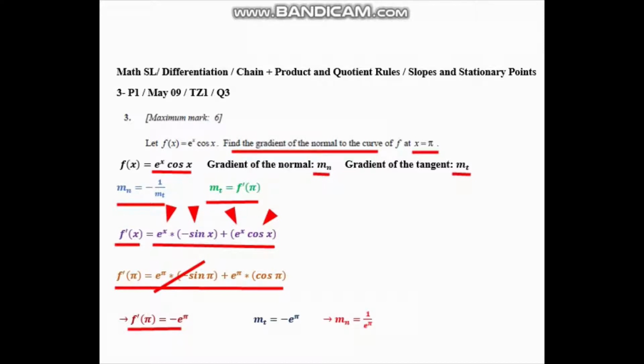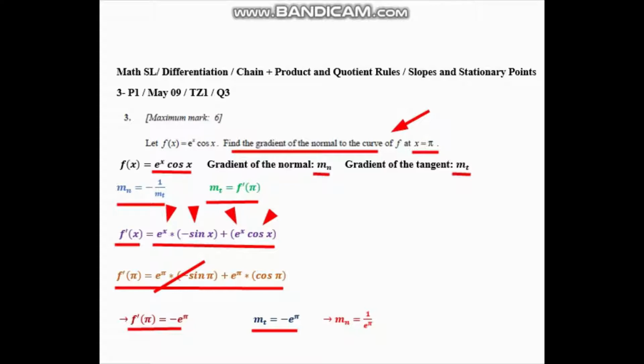So as we mentioned, the slope of the tangent is simply the derivative at the required value. So f dash of pi gives me the slope at x equals pi. But this is the slope of the tangent. However, the question requires that we find the slope of the normal at x equals pi, and I simply flip and switch to find the slope of the normal.